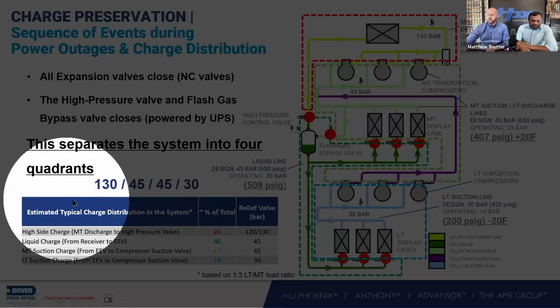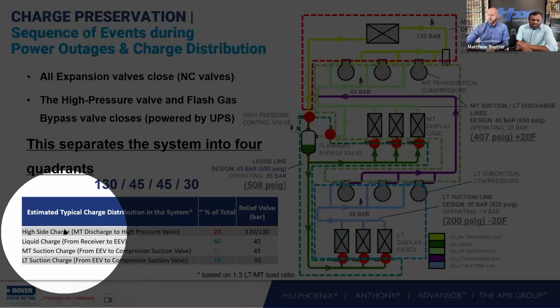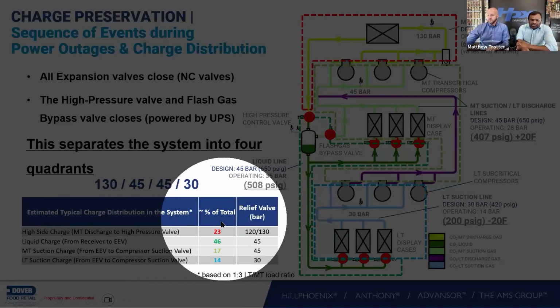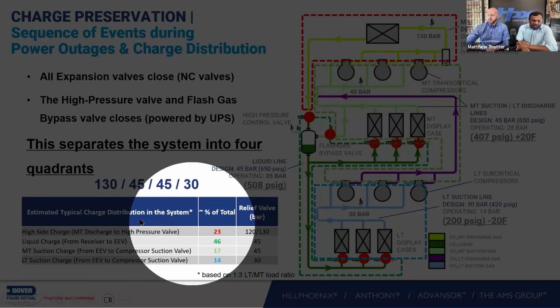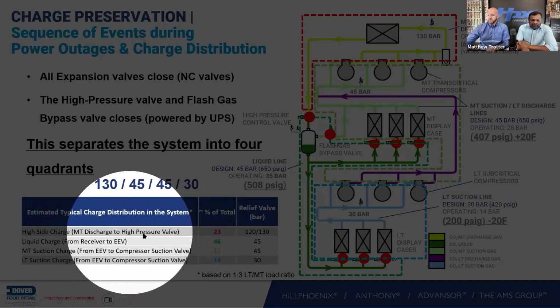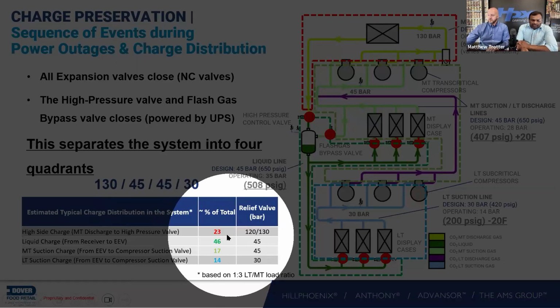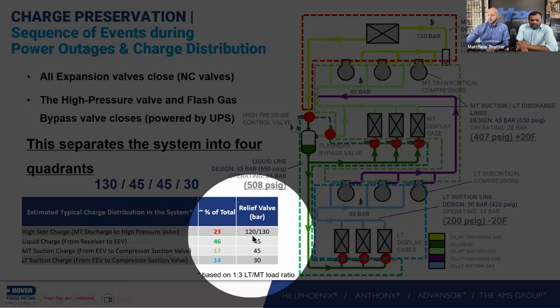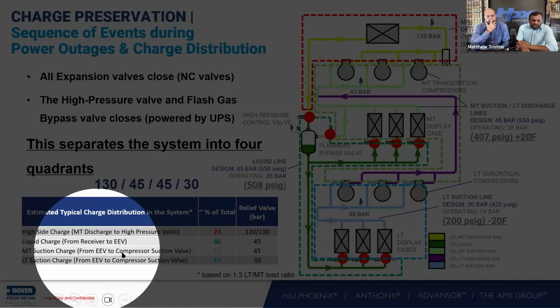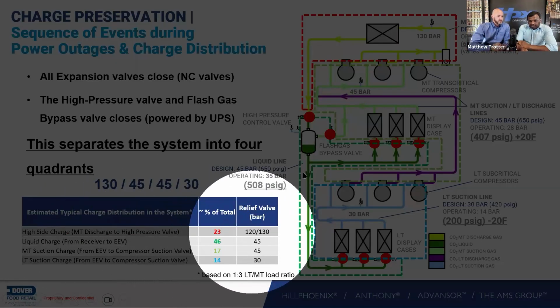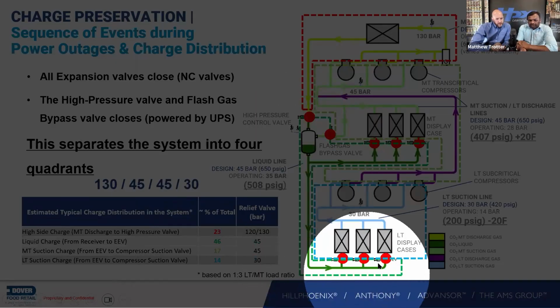Looking at this, the typical estimated charge distribution around the system, which is divided into four quadrants: The high side, from medium temp discharge to the high pressure valve, stores about 23 percent of the charge. The system can be 120 bar or 130 bar depending upon the gas cooler type. The liquid charge is 46 percent, from the receiver to the expansion valve.